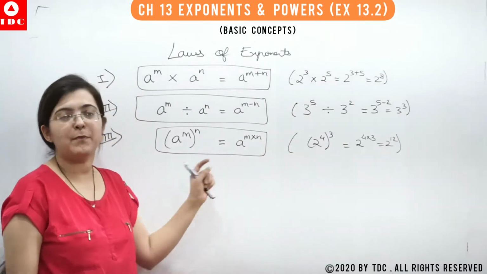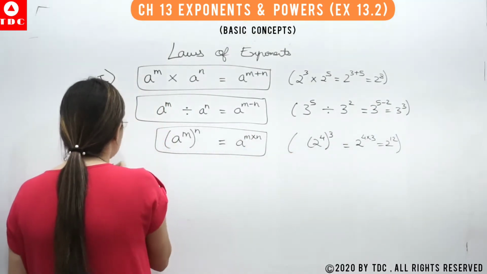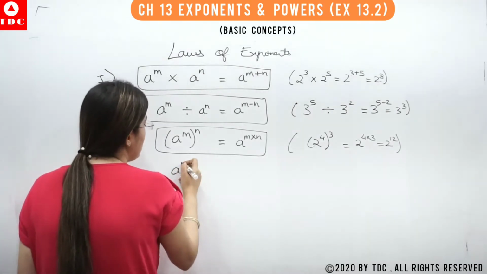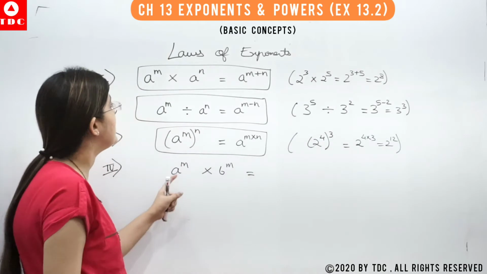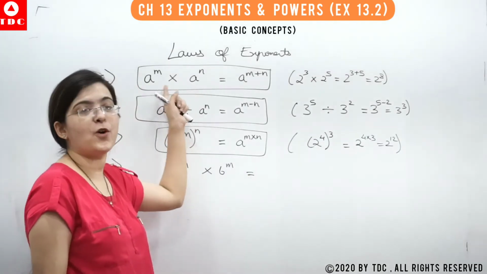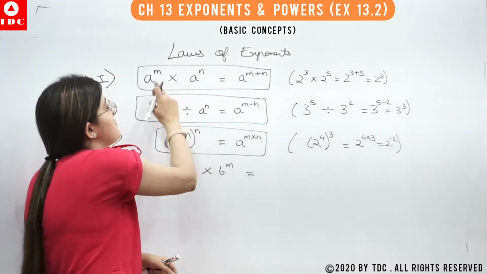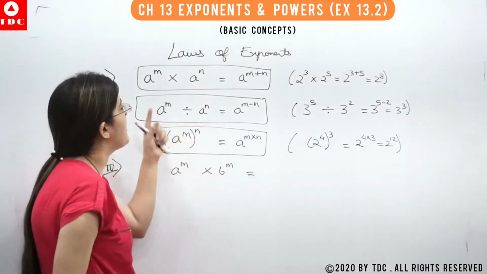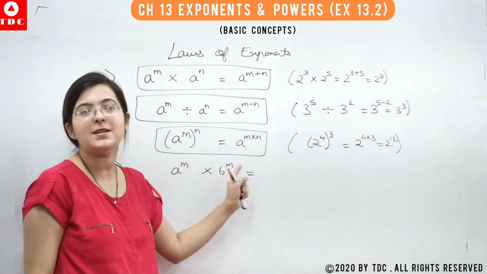These are the examples that I am giving you along with the laws. Now the fourth law is a to the power m into b to the power m. Now see students, in the first property the base was same and powers were different. Here the base is different and powers are same.